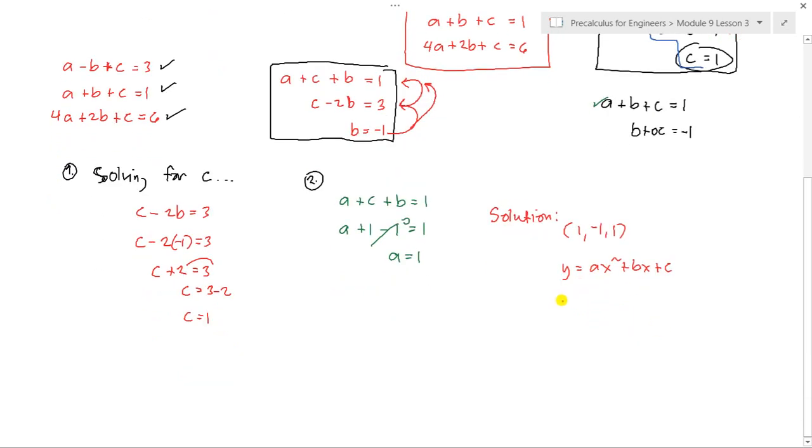So we substitute the value of a, that is y is equal to x squared, b is negative, so minus x, c is plus 1. So this is our final answer.